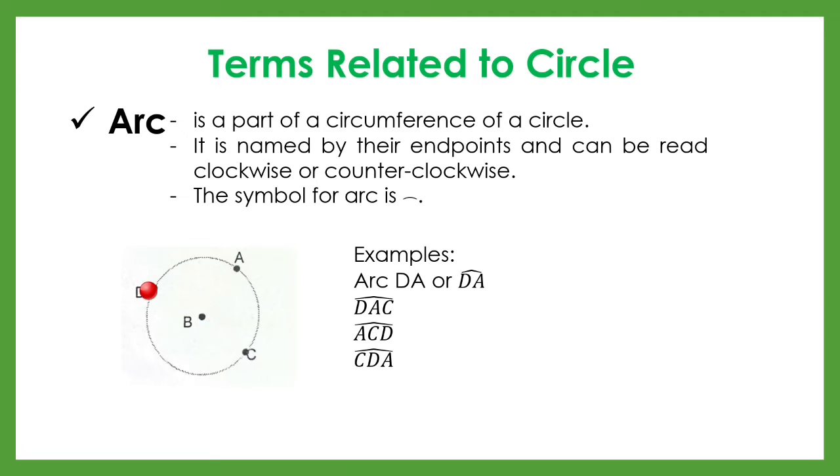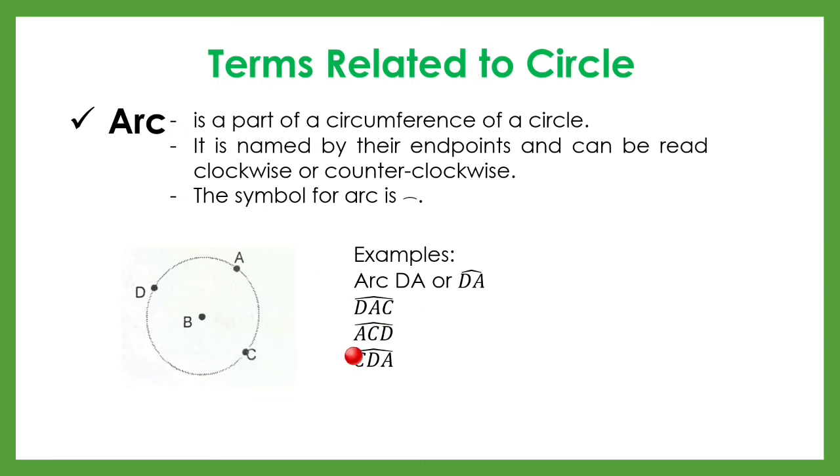So, the first one is arc DA or sinusulat natin as arc, yung nasa ibabaw niya, and then DA. So, this is a part of the circumference of the circle. Another example, so pwede nating isulat as 3 letters yung arc. So, we have arc DAC. Arc DAC or pwede ring arc CAD.